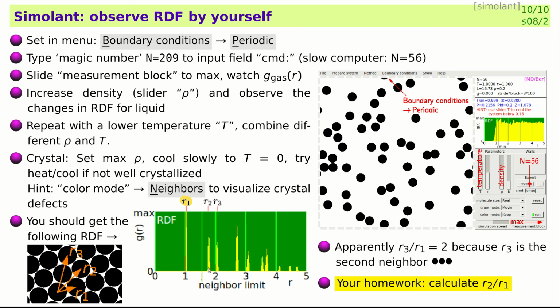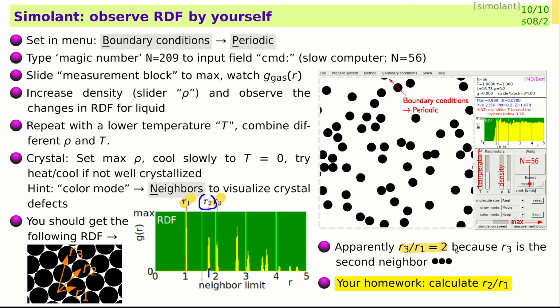Then I have a second neighbor somewhere here. So this is the second neighbor, R2, and it corresponds to this distance in the lattice. And the third one is apparently twice the first one, because R3 corresponds to this arrow. There are two atomic diameters. So apparently R3 divided by R1, this by this, is 2.